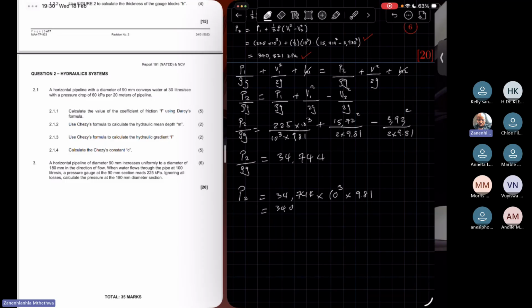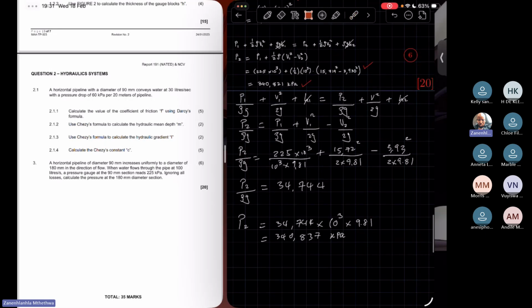So this is 340.837 kilopascals, which is not that far off. I think I missed the square for one side. Yes, you definitely missed something. Hence, whichever variation of Bernoulli's equation you use, as long as you manipulate it correctly, you will get the same thing.